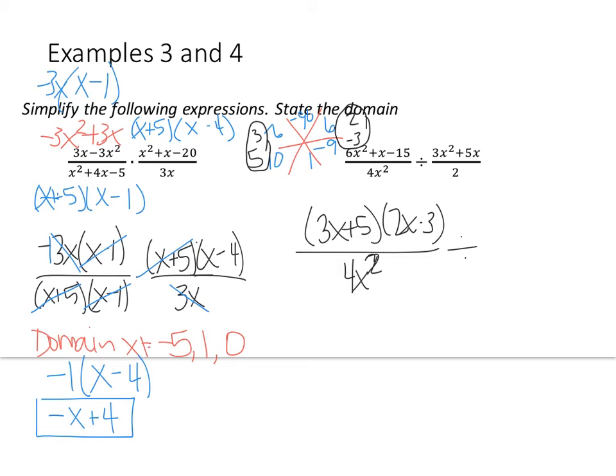Over here, the 3x squared plus 5x, the only thing I can do there is they have a greatest common factor of x. So I'm left with 3x plus 5. And the bottom two, that will not be able to factor, so I can just write this out.